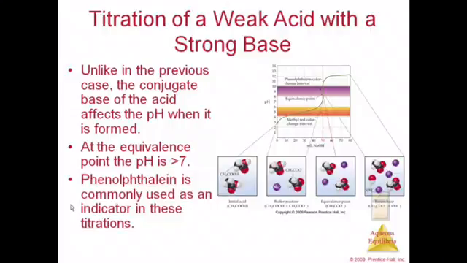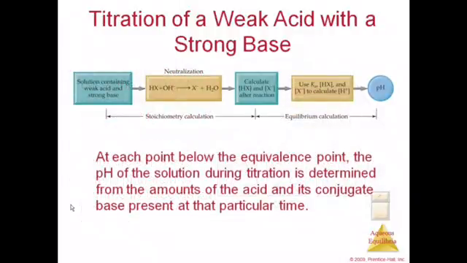Yes, and you used phenolphthalein today. So perfect. All right, so titration of a weak acid with a strong base. They are talking about how you would figure out the pH. It says, at each point below the equivalence point, the pH of the solution during titration is determined from the amounts of acid and its conjugate base present at a particular time.